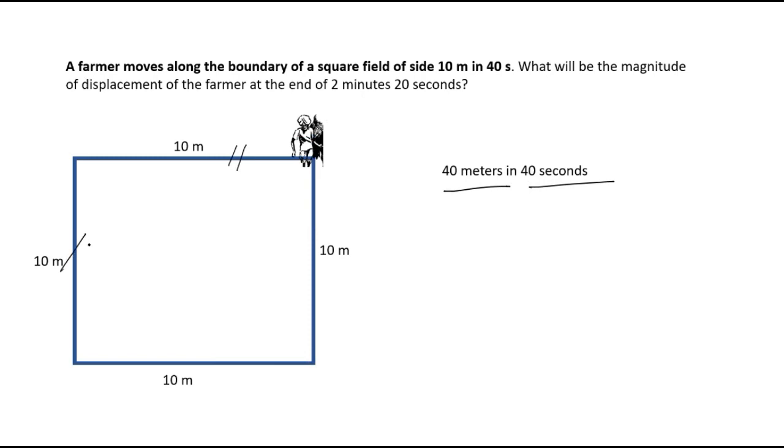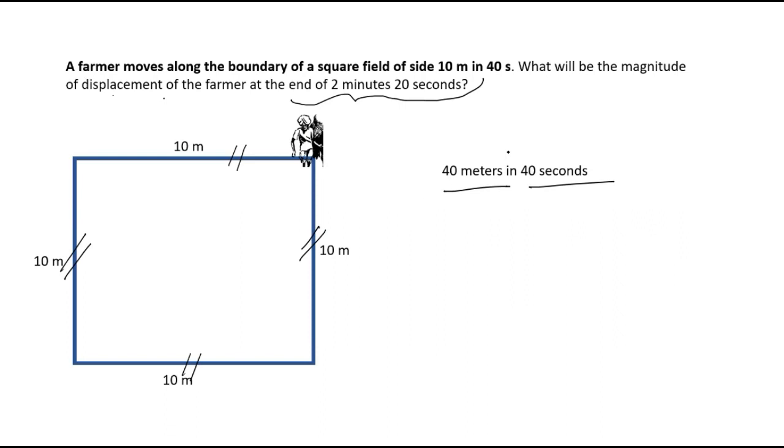And why 40 meters? All you have to do is add the sides. Now we have to find out at the end of 2 minutes and 20 seconds how much displacement there will be. Please keep in mind, displacement is the shortest distance between the initial position and the final position.